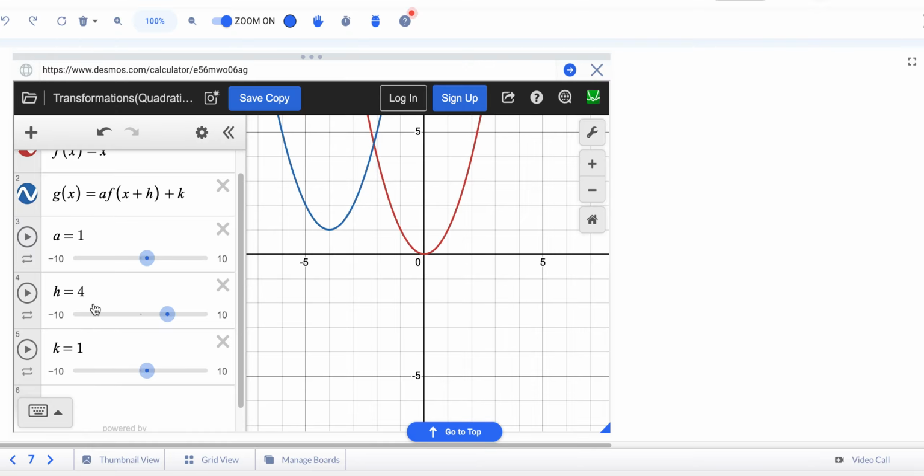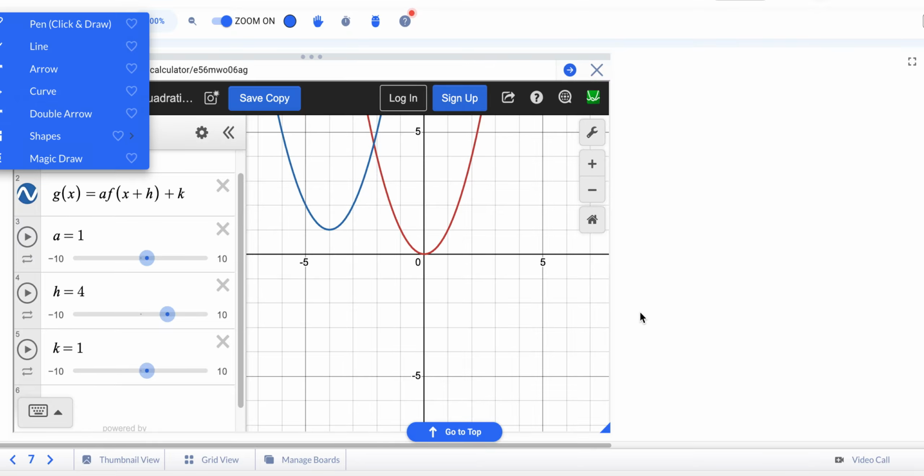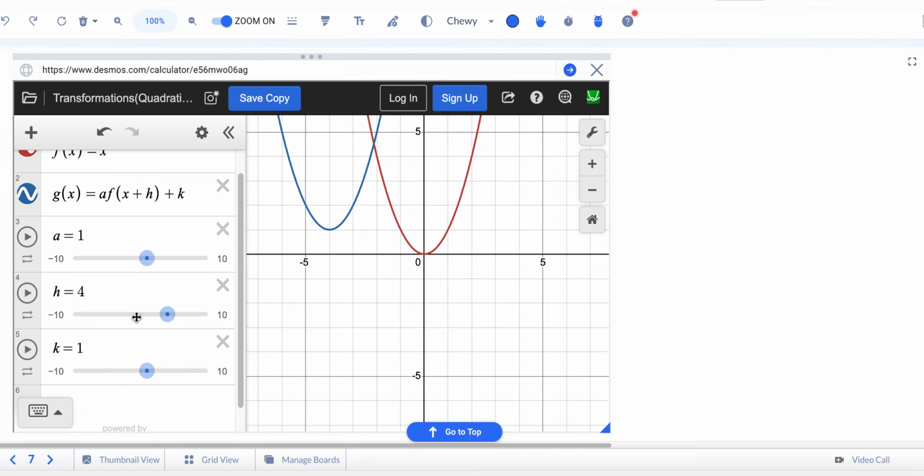So now let me write it down so you can see. My function is 1 times (x plus 4) square, and then my k is plus 1.